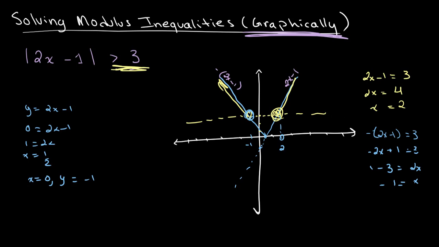So our graph, or the modulus equation 2x minus 1, is greater than 3 from this point onwards. So from 2 onwards, going up like this, and from this point onwards as well, going down from negative 1.